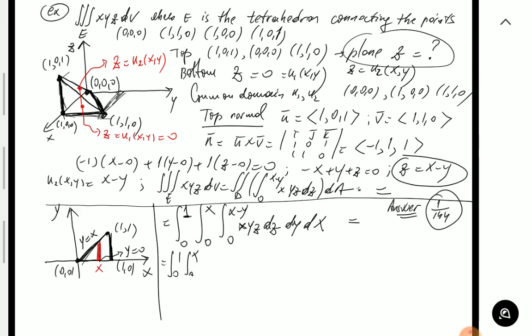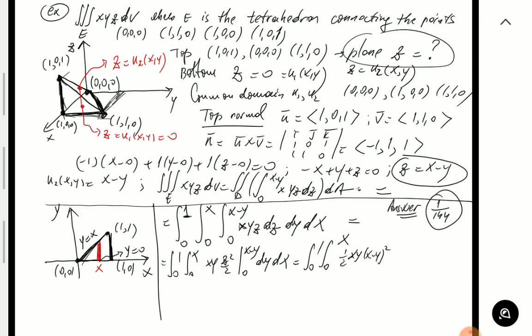z integrates to x y z squared over 2. I can tell already it's not going to be that pretty, so we'll see. So from 0 to x minus y for z. Or maybe it is, I don't know, let's see. And now I plug in x minus y to the power 2.